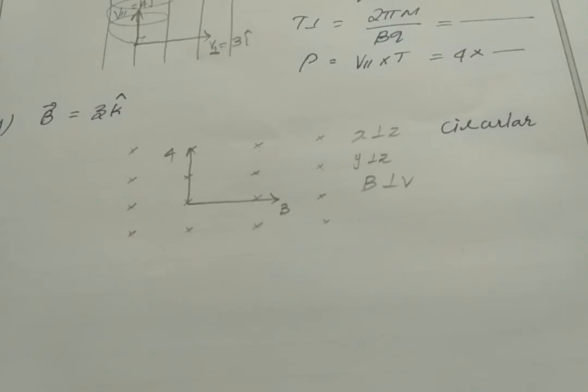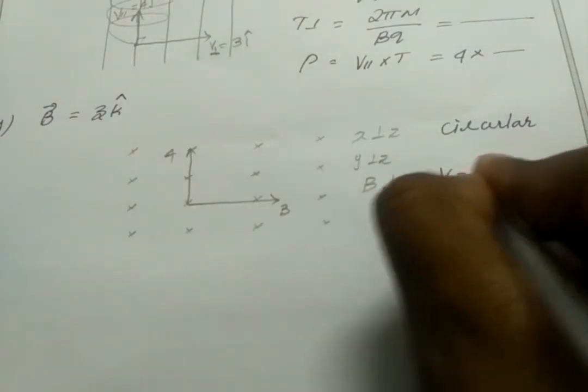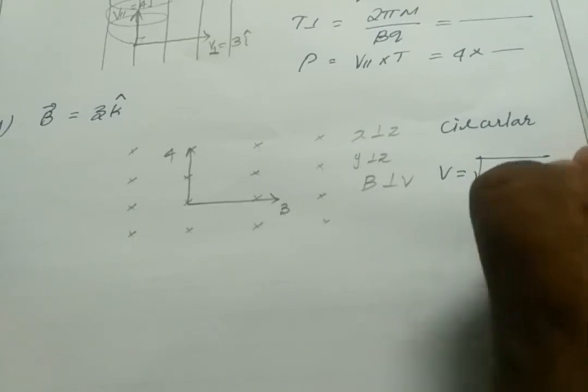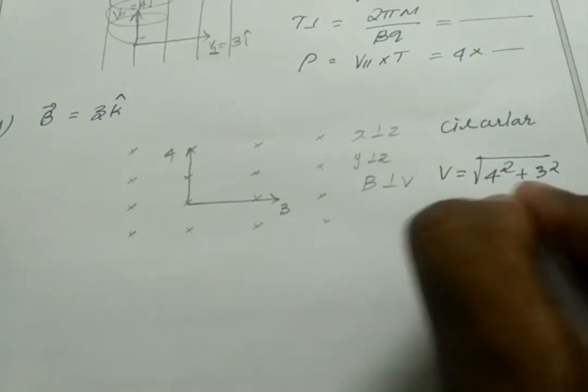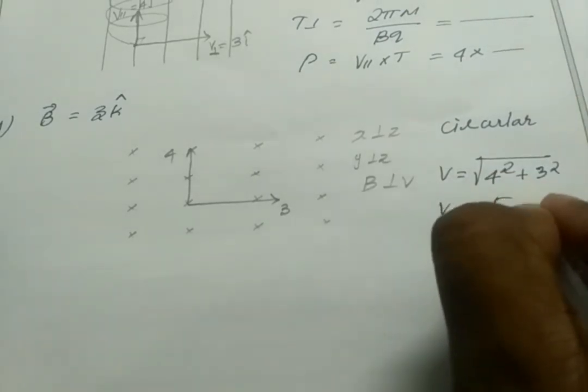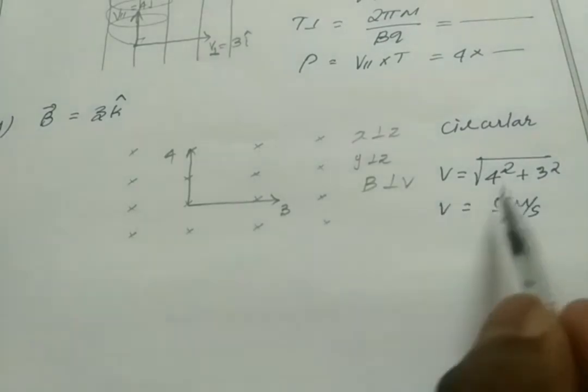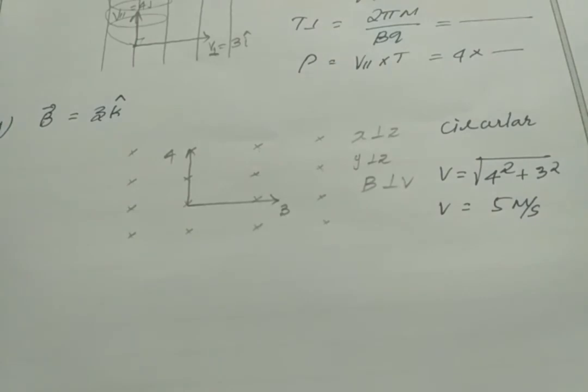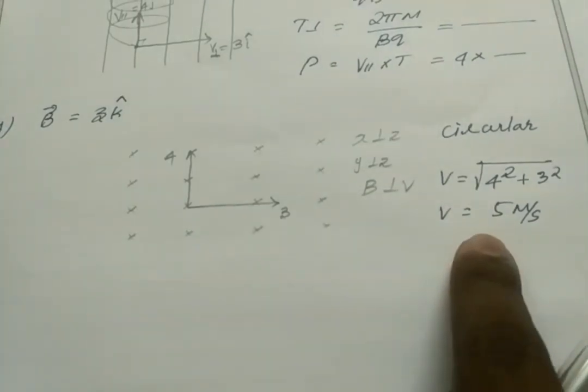Velocity will be the square root of 4 squared plus 3 squared, that is 16 plus 9, 25, so root 25 equals 5 meter per second. This is my velocity value.